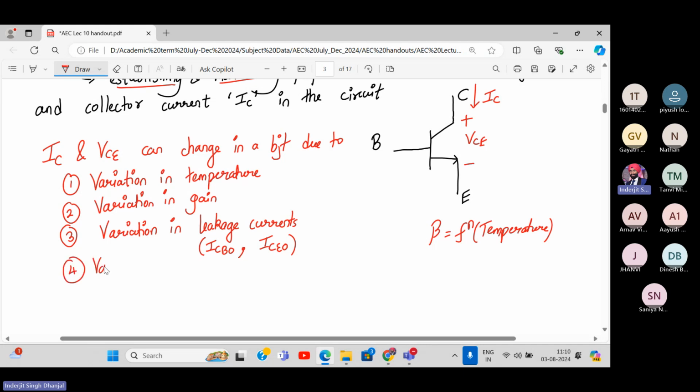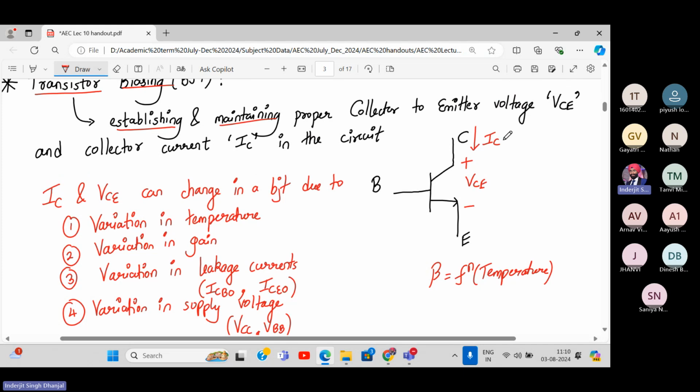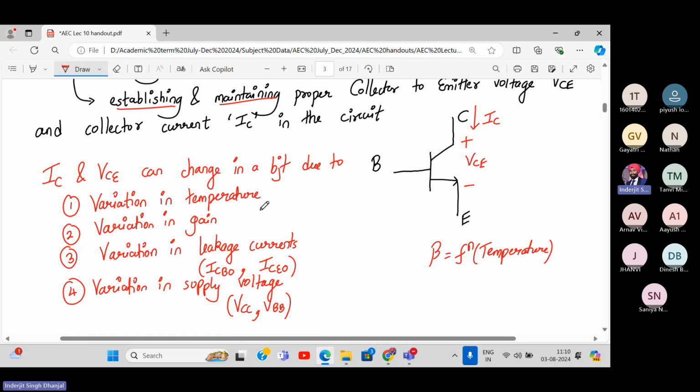Next, variation in the supply voltages. You remember in common emitter config practical circuit, you were giving two supplies, VCC and VBB. So if there is a faulty power supply, this VCC and this VBB might change. That might lead to changes in IC and VCE. So for a BJT, if you're fixing VCE and IC, they should not change. But they change due to these four factors, which is variation in gain, variation in temperature, variation in leakage currents, and variation in the supply voltages.